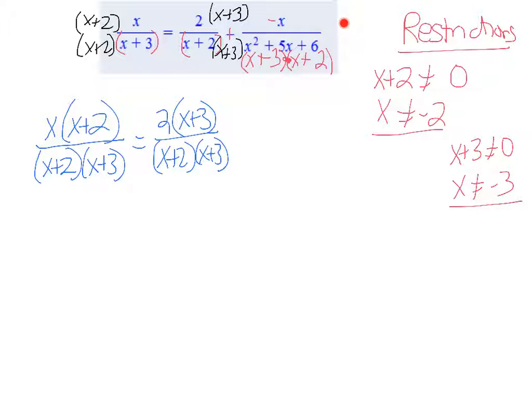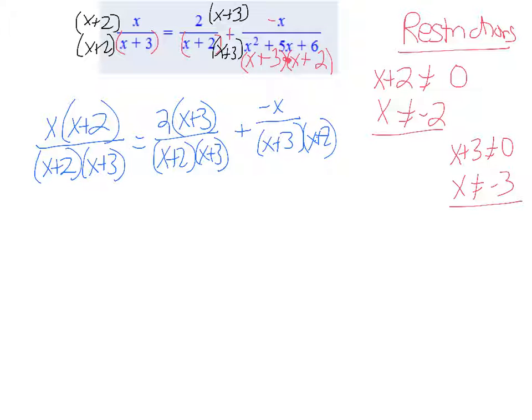Now in this particular example, I really don't have to do that because, look, I already have the common denominator. I don't have to do anything to my numerator. But it's going to happen, and you have to watch out for that. So I'm going to go ahead and write then a plus, and I'm going to put my negative x up there.